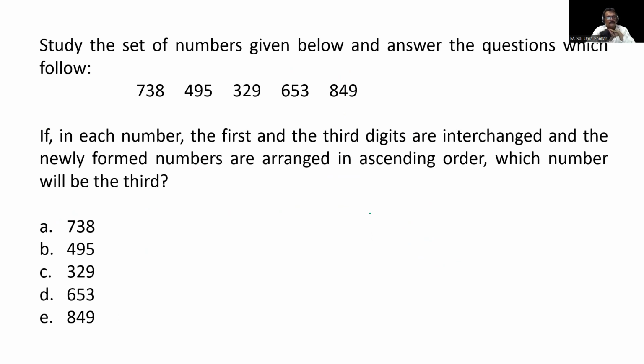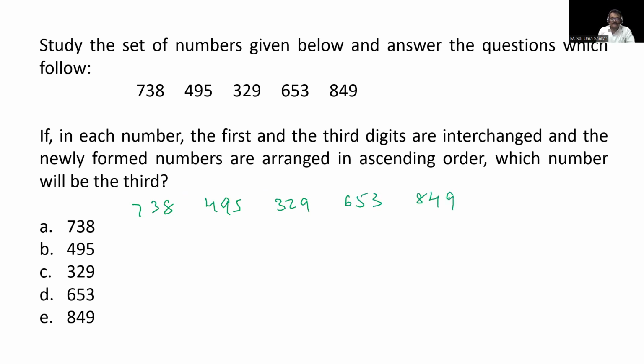Next one. If in each number, the first and third digits are interchanged and the newly formed numbers are arranged in ascending order, which number will be the third? Okay. Numbers are 738, 495, 329, 653, 849.